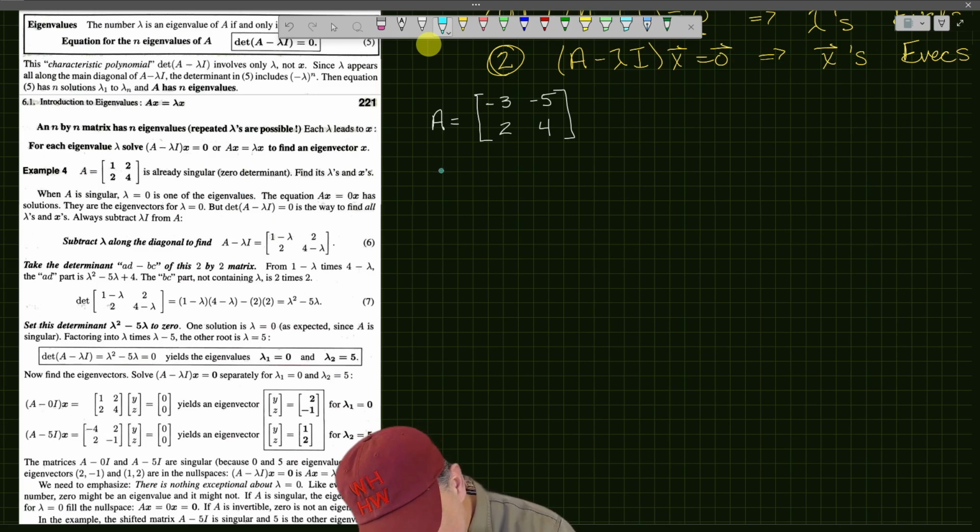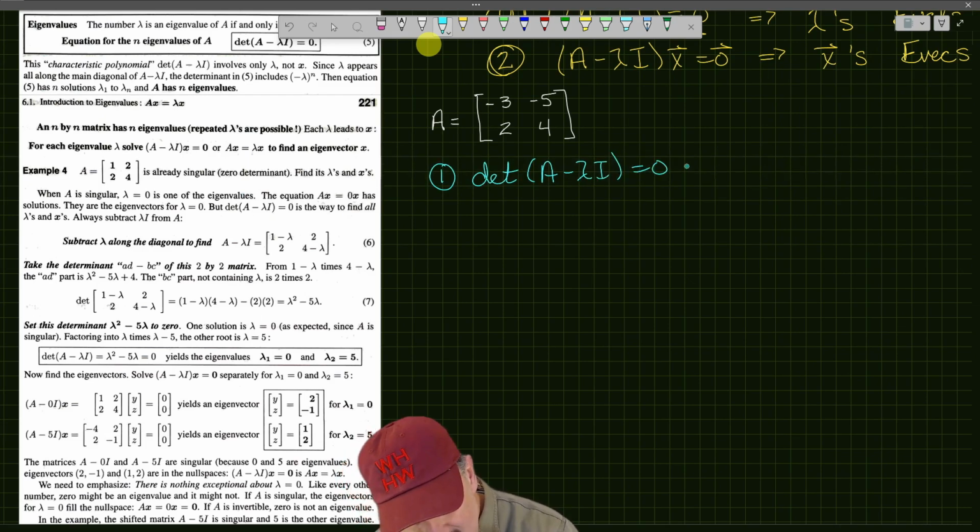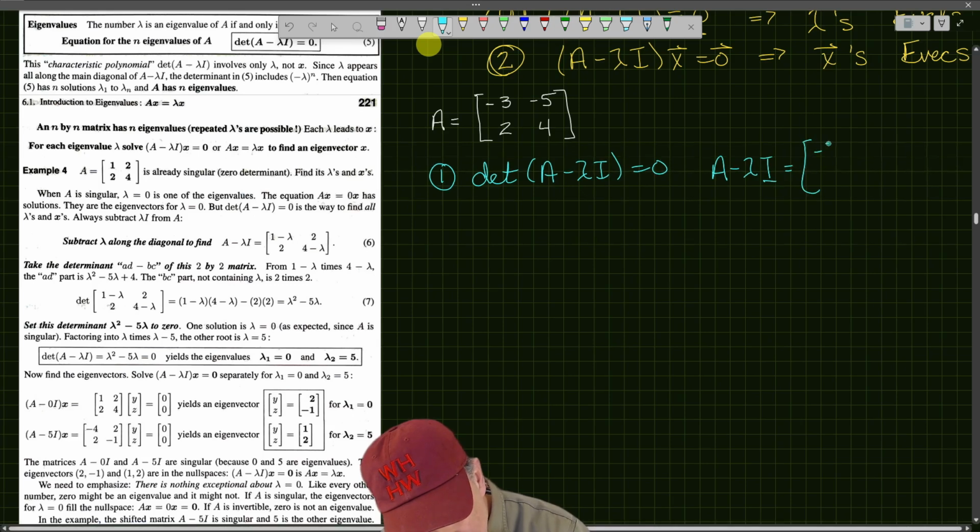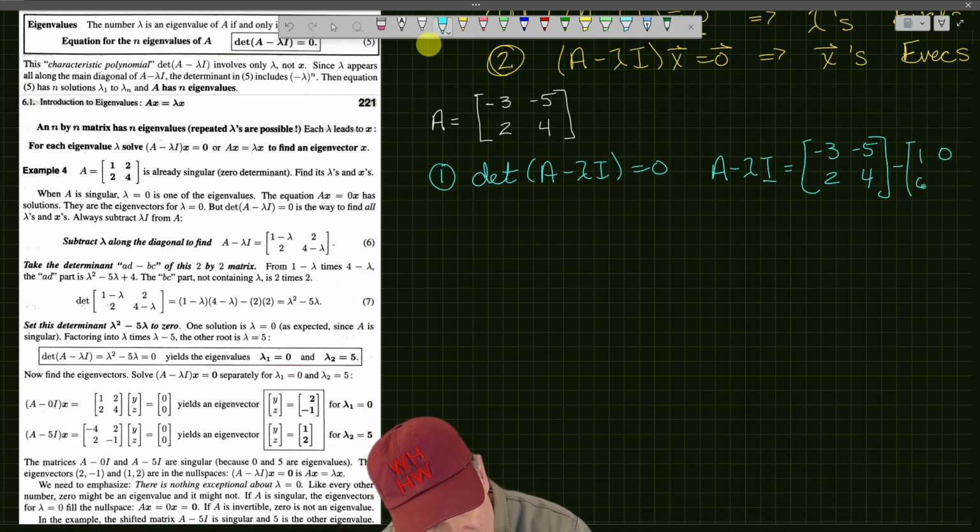All right, step 1, the determinant of A minus lambda I has to be equal to 0. So let's take a look at what this is. What is A minus lambda I? That's equal to -3, -5, 2, 4, minus the identity matrix, which is 1, 0, 0, 1, times lambda.